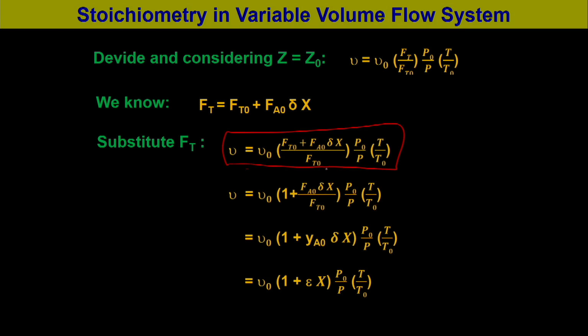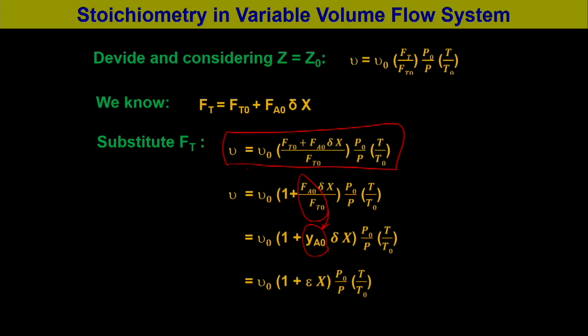Earlier we discussed that F A naught by F T naught is Y A naught. So, we can write V equal to V naught 1 plus Y A naught delta X into P naught by P into T by T naught.